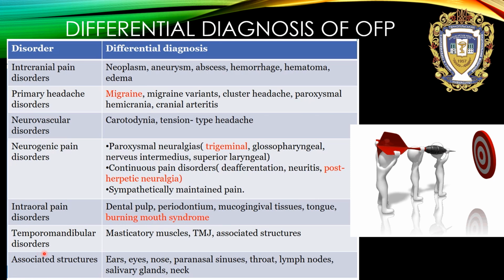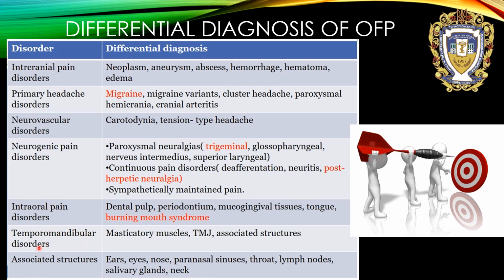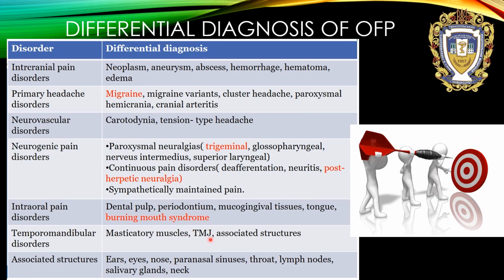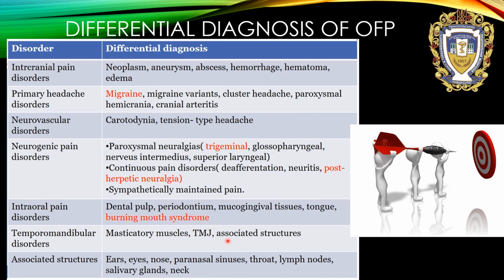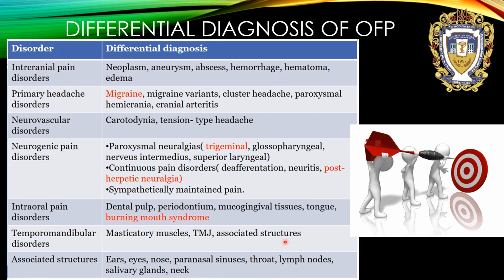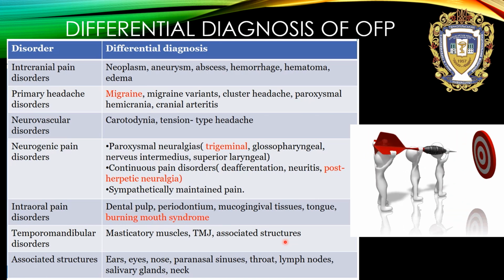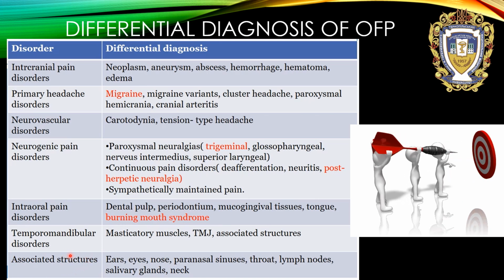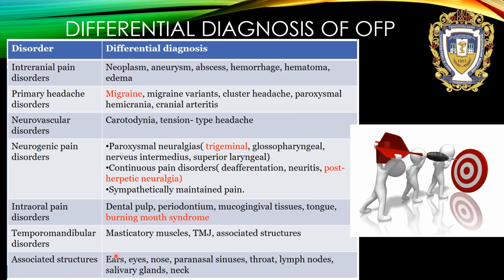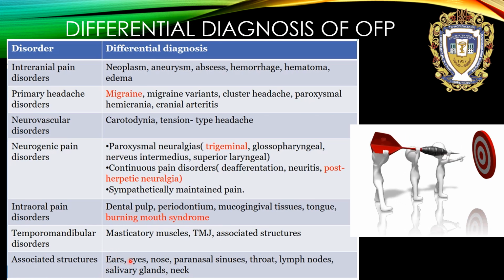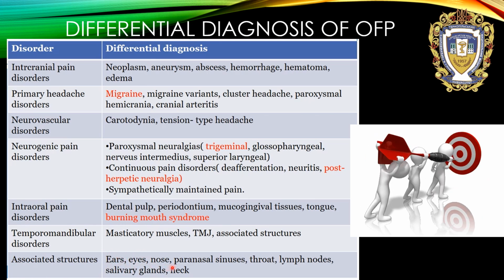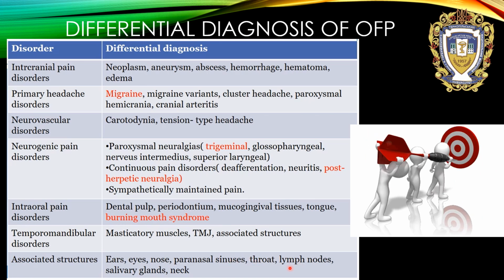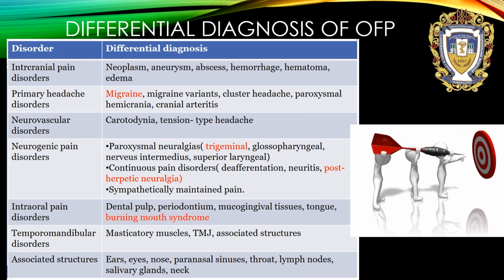If the patient has temporomandibular disorders, we need to differentiate between masticatory muscles, temporomandibular joint disorders, and associated structures. But associated structures can show us pain from ears, eyes, nose, paranasal sinuses, throat, lymph nodes, salivary glands, neck.